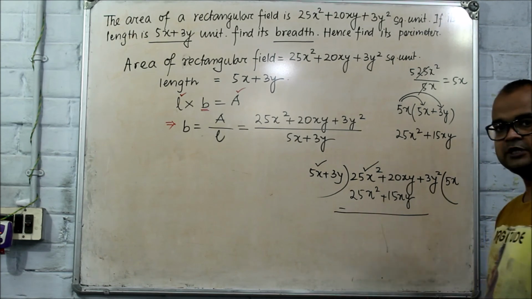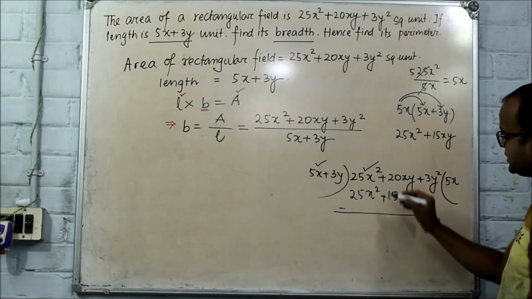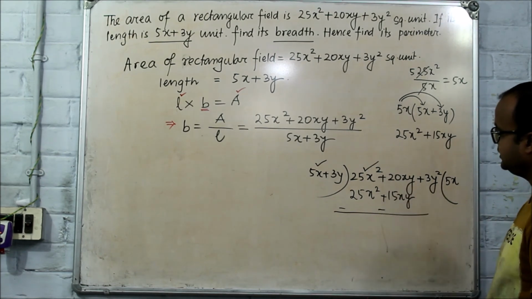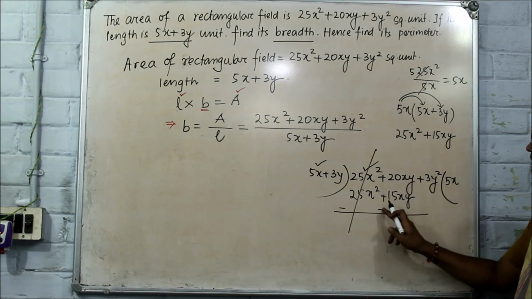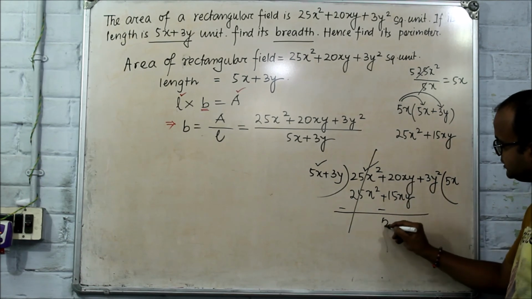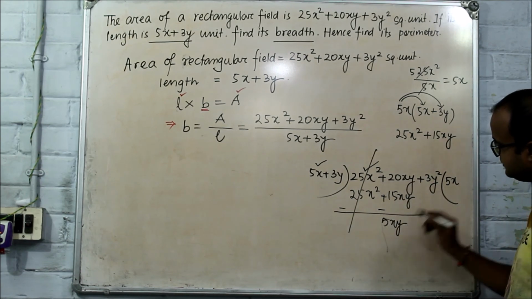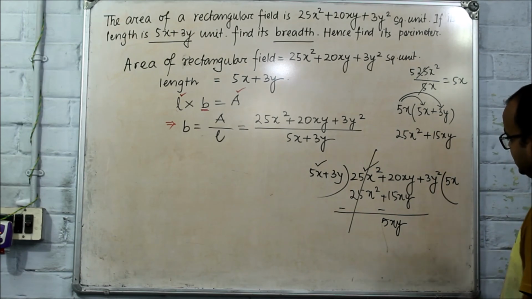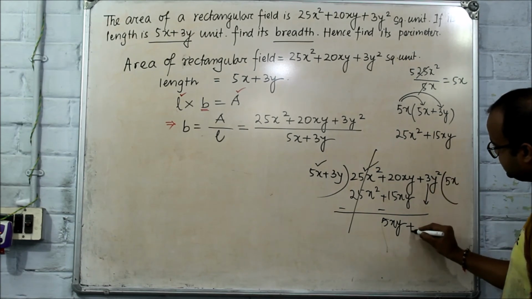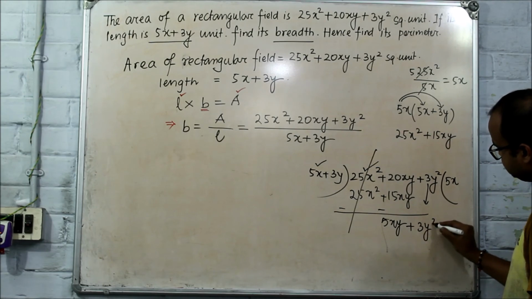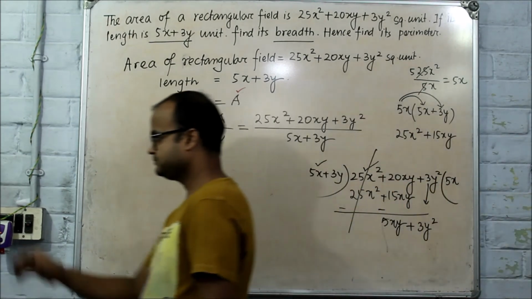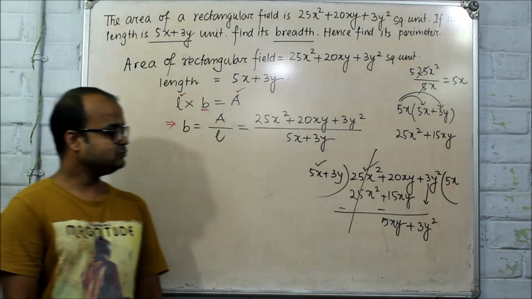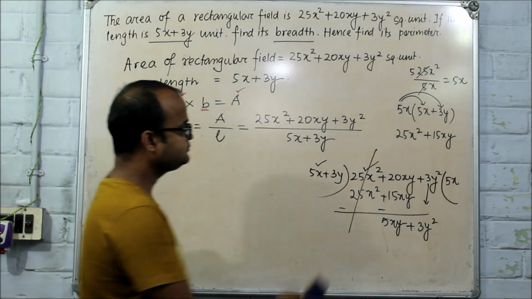Now it is time to change the sign. Plus 25x square minus 25x square cancel. 20xy minus 15xy is equal to 5xy. And then we carry this term plus 3y square.